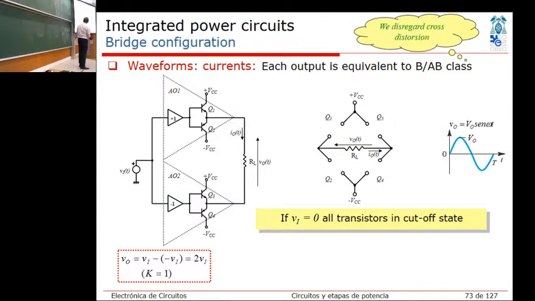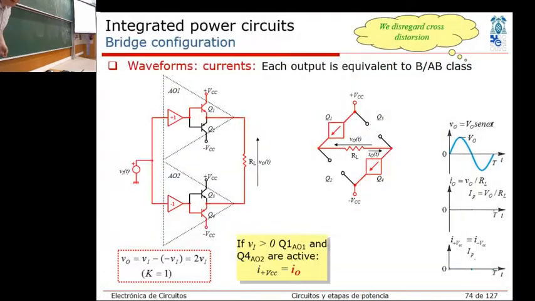Okay, and that's just a closer view of what we had there. So this amplifier has the output stage and the amplification of one, and then the other one also has the negative, and then you got the doubling of this voltage. Good.